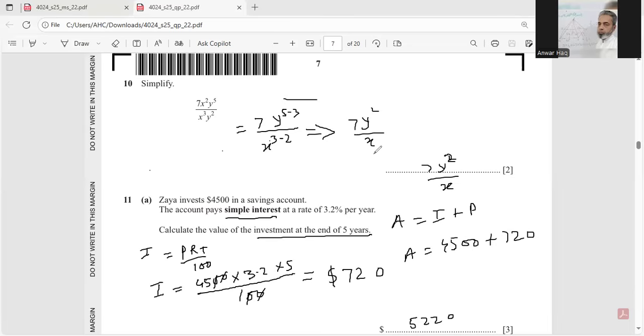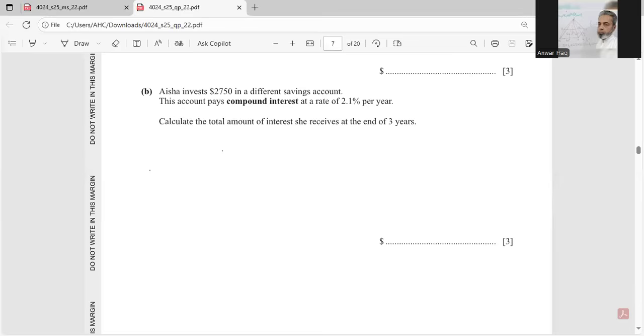B part of the question is Aisha invests 2,750 in a different savings account. He is asking for compound interest. For compound interest, we get the amount directly. Amount is equal to principal amount times 1 plus r% whole power t.